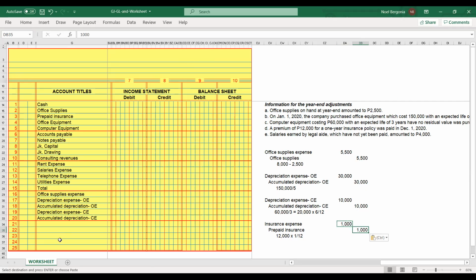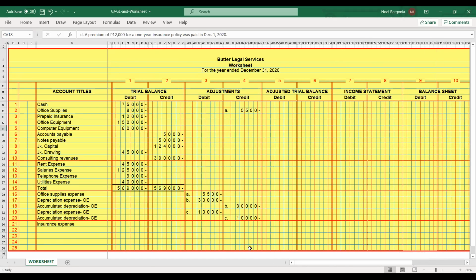Can you see a prepaid insurance account? Meron, 'di ba? How about insurance expense? Meron ba? Wala. So dadagdag ulit tayo ng title, insurance expense. Okay? So that's already letter D. So debit insurance expense, letter D, 1,000. Okay.